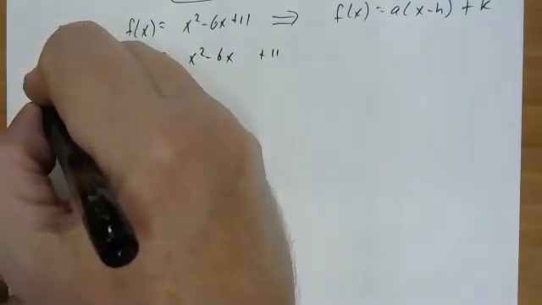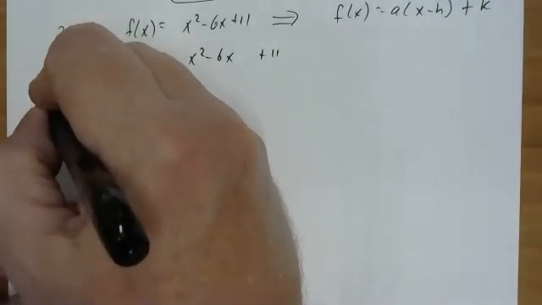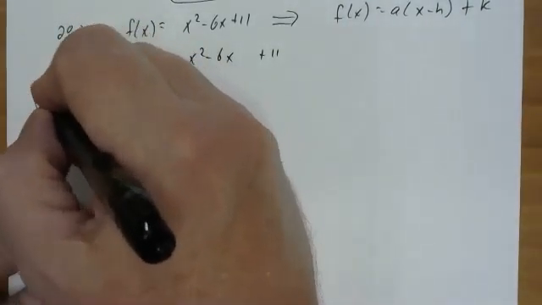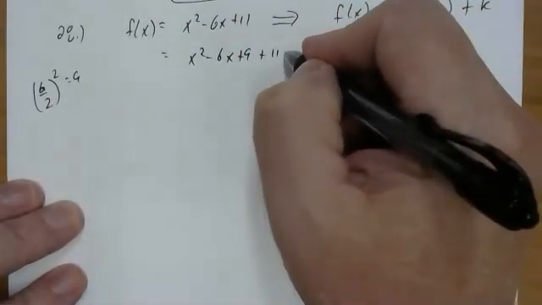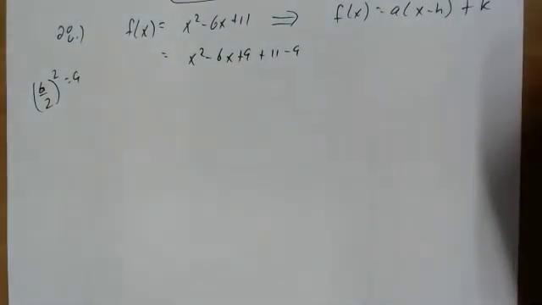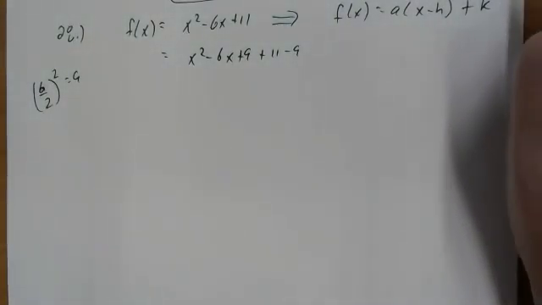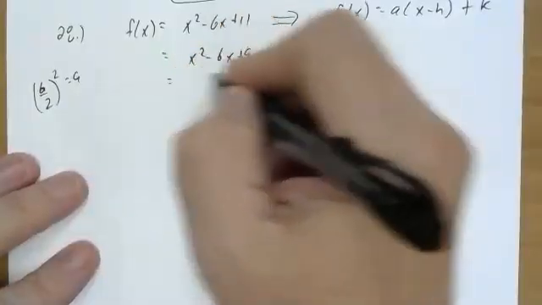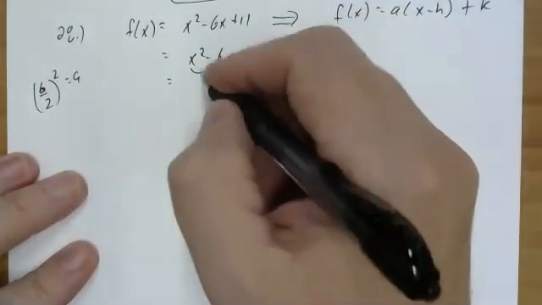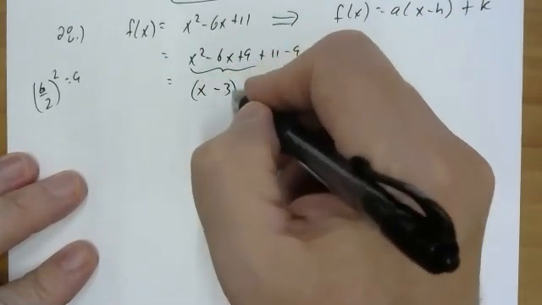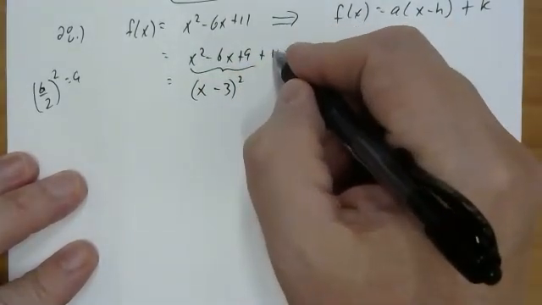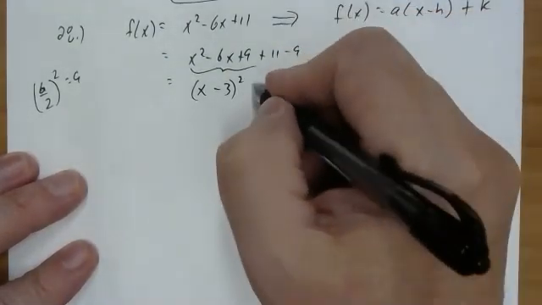So I take 6 and do my special calculation, divide by 2 and square it. It's 9. So I need to add 9 here. I need to subtract 9 so I don't change the value of the equation. Now this right here factors into x minus 3 squared. 11 minus 9 is 2.